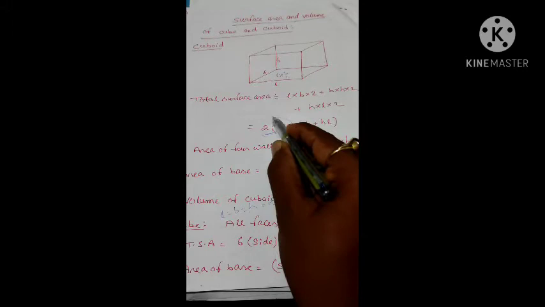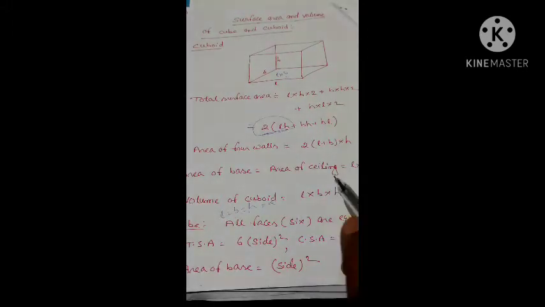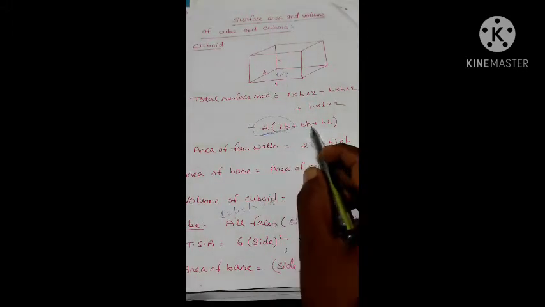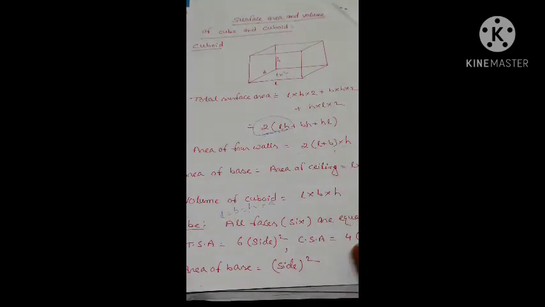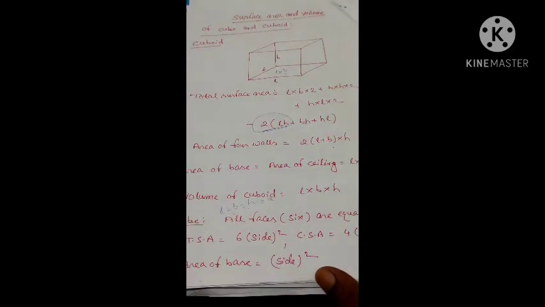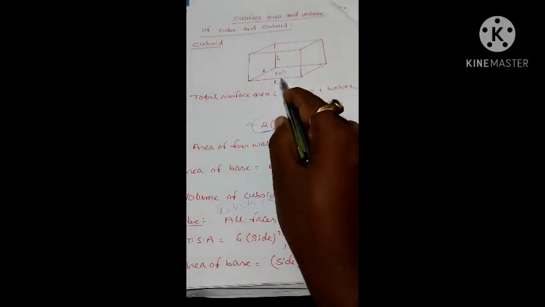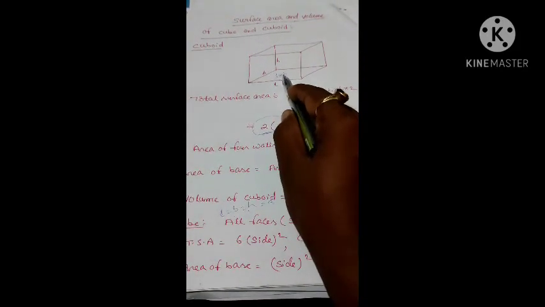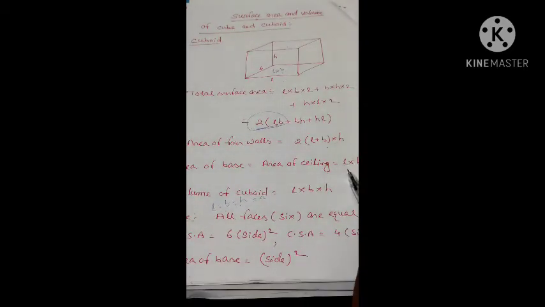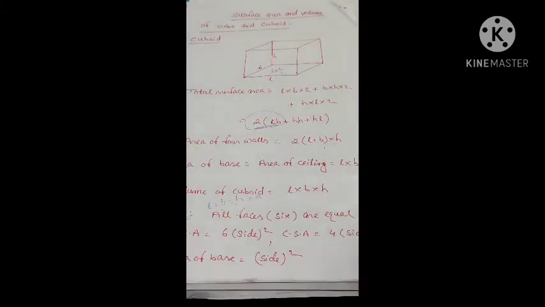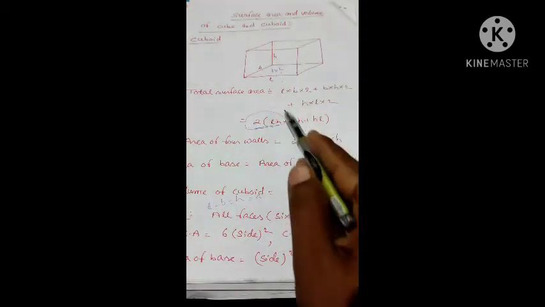This 2 into L into B is not needed. If we skip this one, this is left, times 2, that is the area of 4 walls. Similarly, if we have to find the area of the ceiling or the area of the floor, that will be L into B.